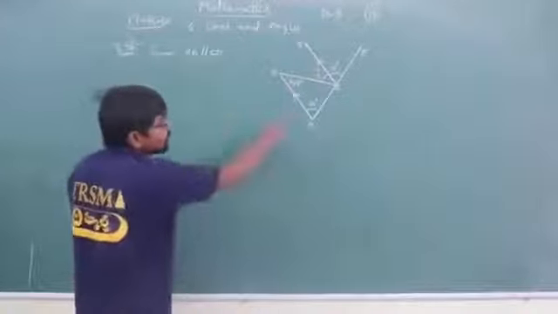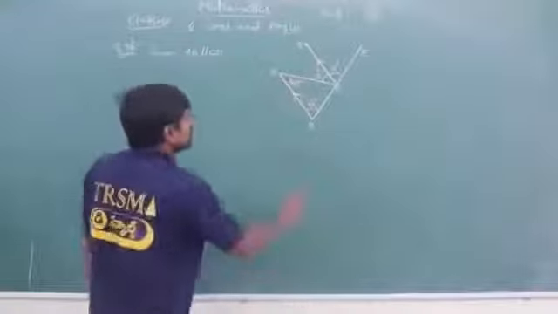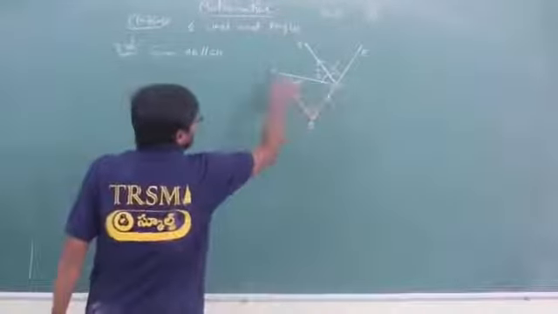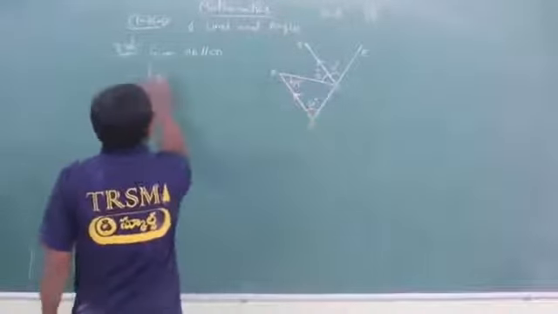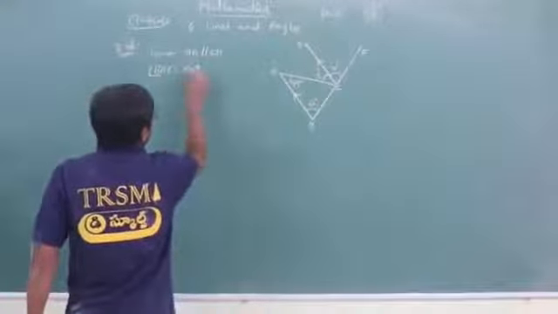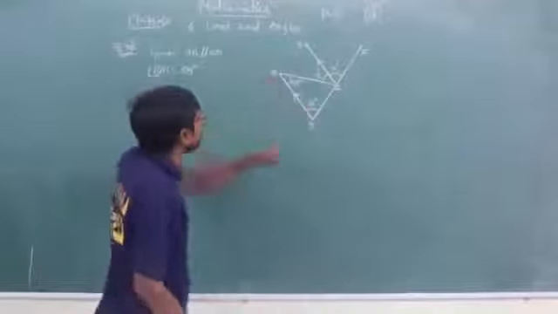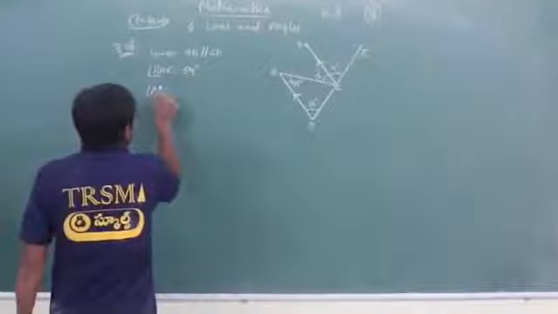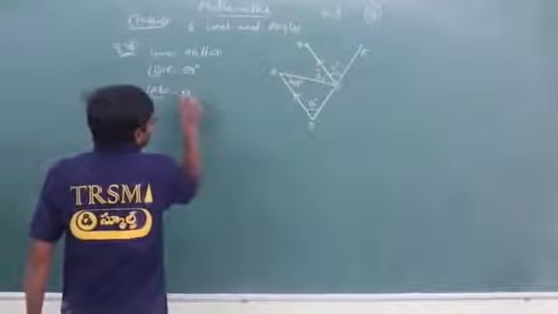And the angles he had given: angle BAC is equal to 59 degree. Similarly angle ABC is equal to 60 degree.